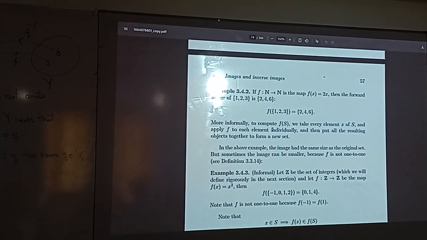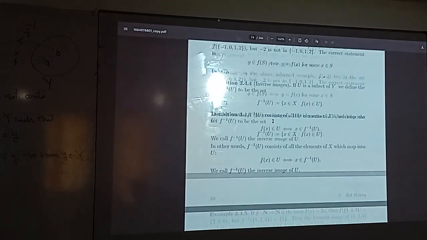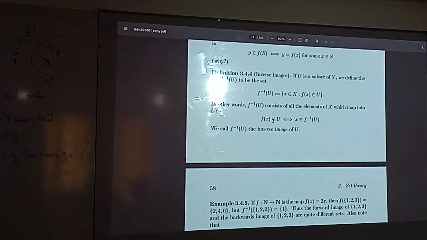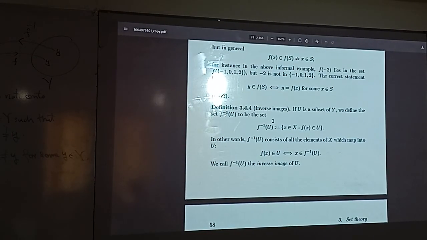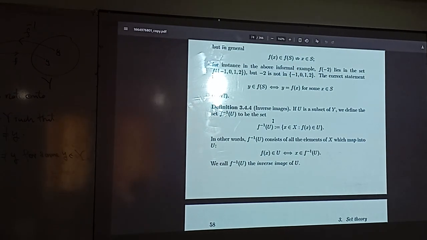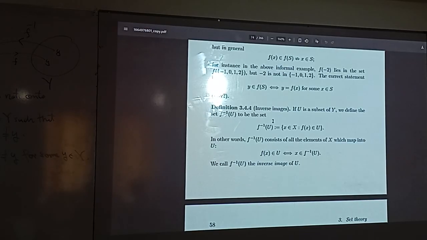Notice that f is not 1 to 1. Notice that x belongs to S implies, he says, f(x). The correct statement is: y belongs to f(S) if and only if y is equal to f(x) for some x belonging to S. He's asking why; let's see why.